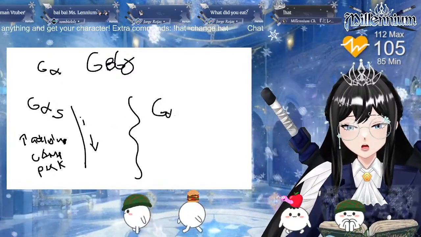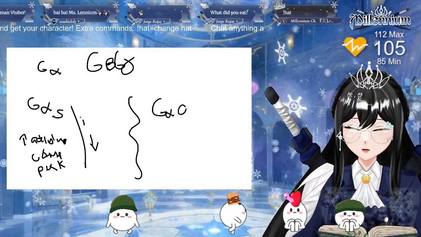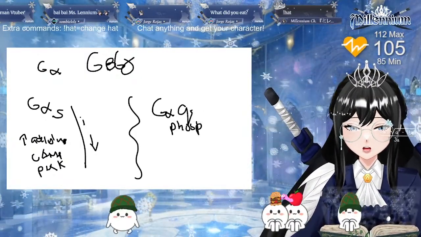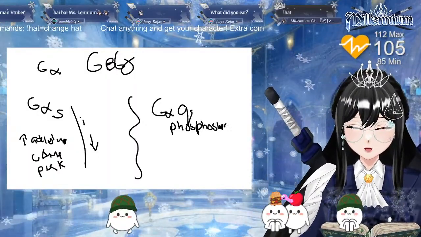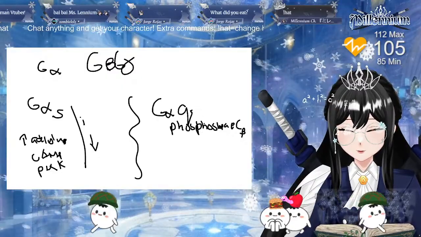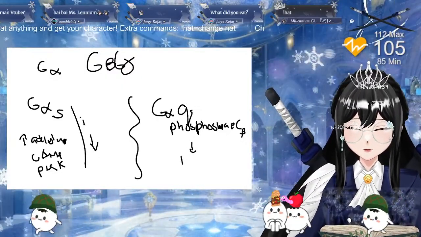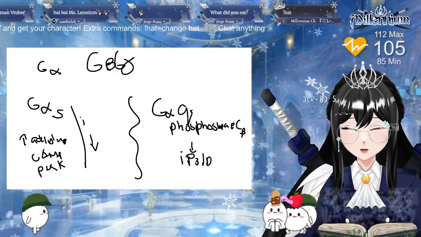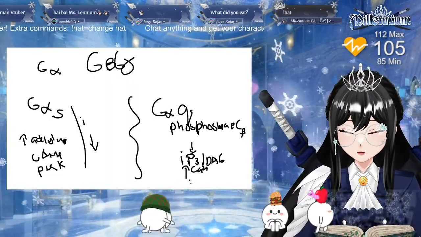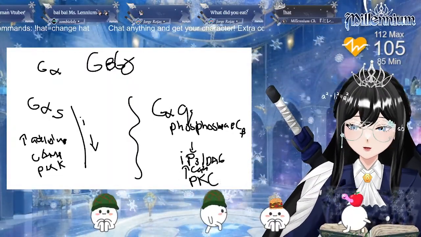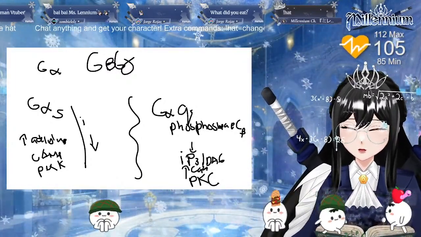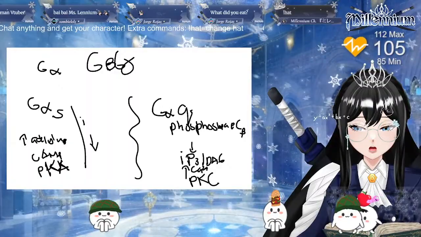If it's the G alpha Q, it would activate phospholipase C beta, which would then do IP3 and DAG, then raise calcium, and then activate PKC. So again, that's one of the differences between them.